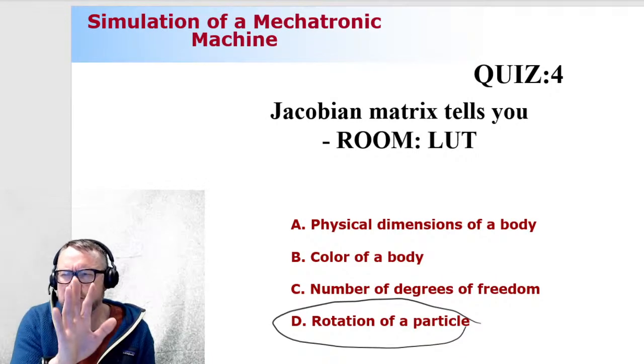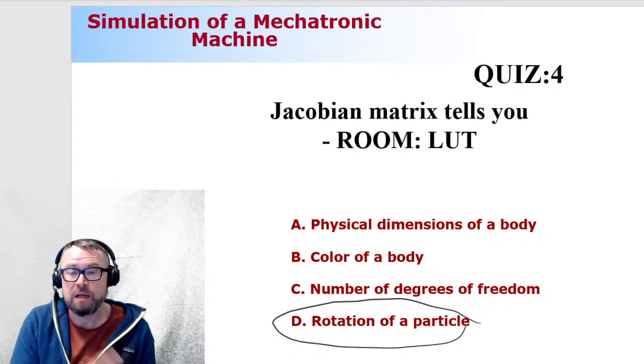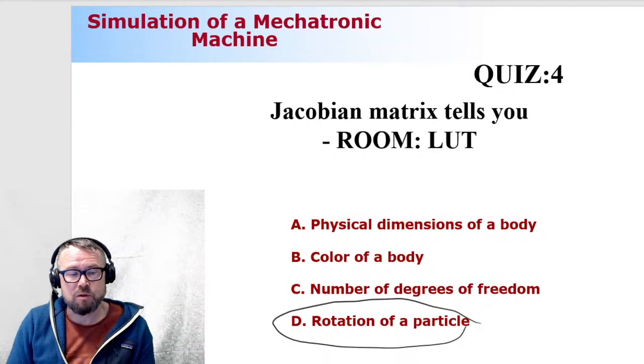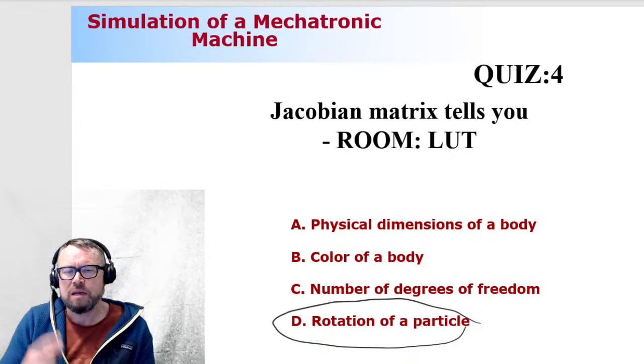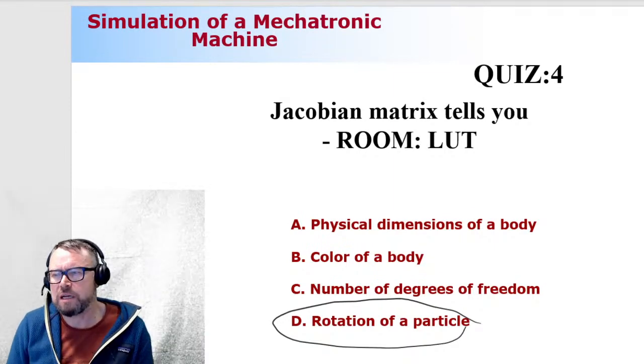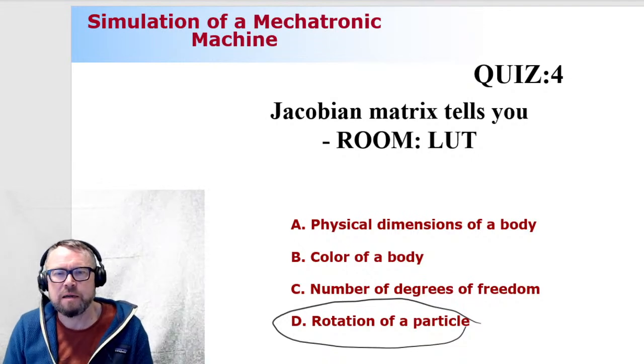So rotation of a particle is never, ever a correct answer. Never ever. And that, by the way, comes up over and over again, so I'm going to keep introducing that option to you. Make sure you're not voting for the rotation of a particle.